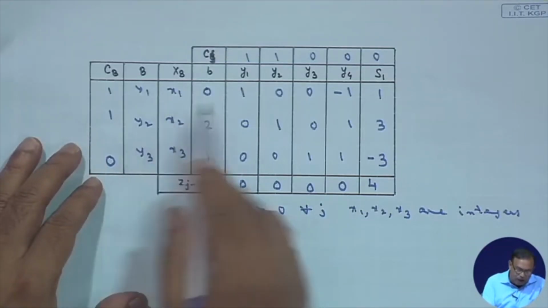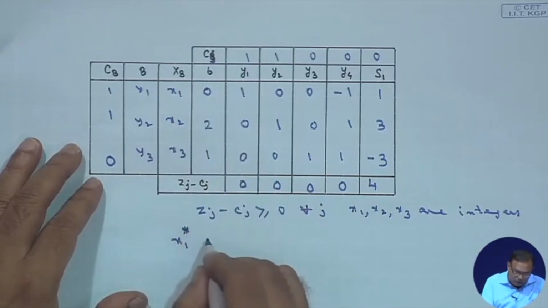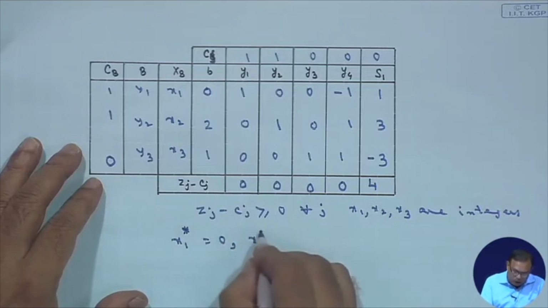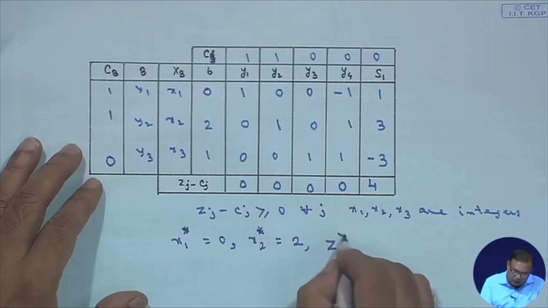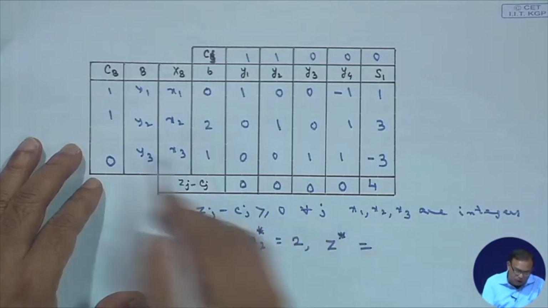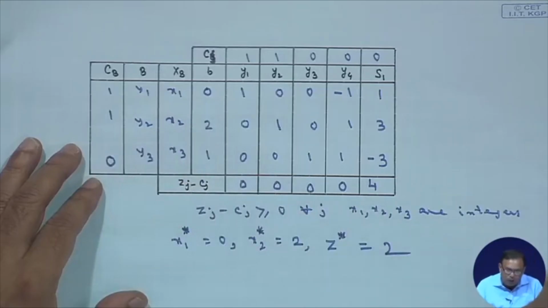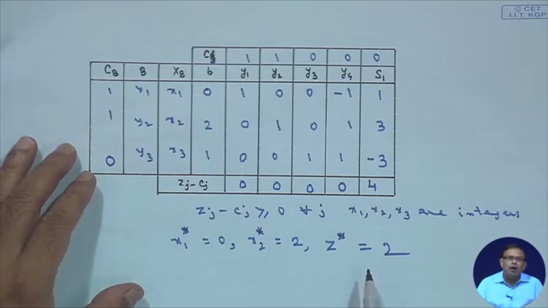So, I can now write down from the basis my optimal solution of the original problem: x1 star equals 0, x2 star equals 2, and my z star equals 0 into 1 plus 0 into 2, which equals 2. So, this is the solution of the original problem.